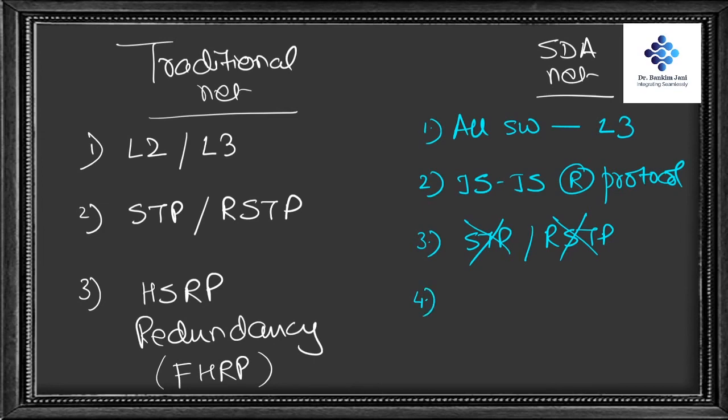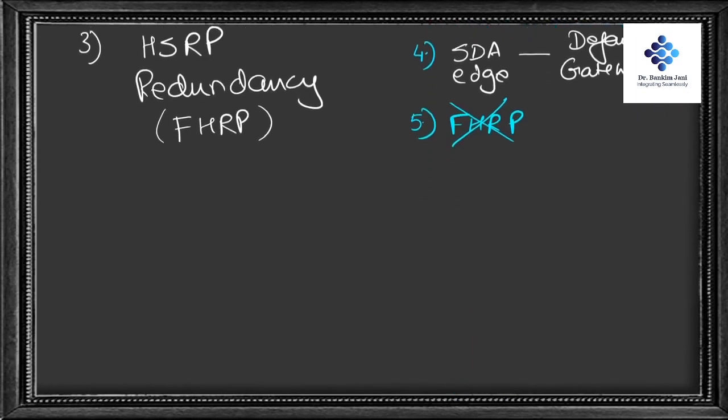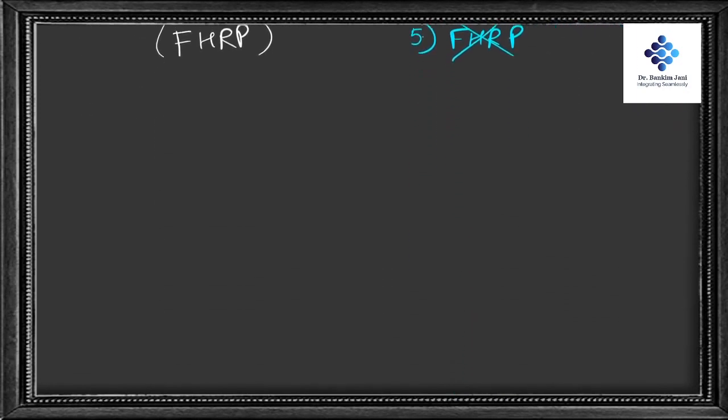We talked about your SDA edge, that VTAP would be your default gateway. Good. And obviously when everything is layer 3, we don't require FHRP. If one path is not there, then ISIS will figure out another path and go via that route. So this is a basic difference between both of them.